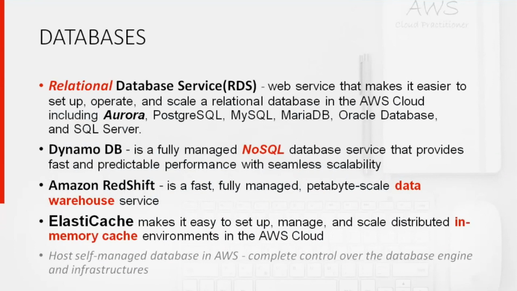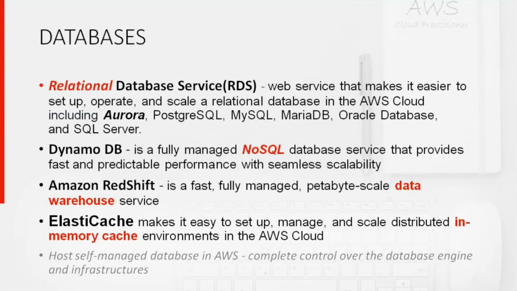Databases. Relational Database Service, RDS, is a web service that makes it easier to set up, operate, and scale a relational database in the AWS Cloud, including Aurora, PostgreSQL, MySQL, MariaDB, Oracle Database, and SQL Server. DynamoDB is a fully managed NoSQL database service that provides fast and predictable performance with seamless scalability.